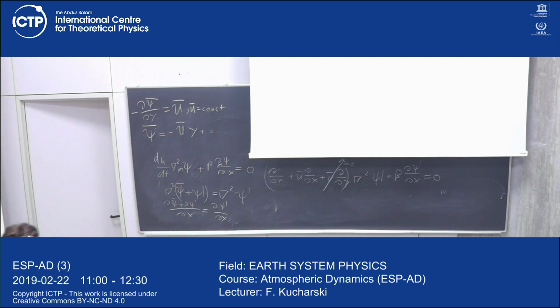So our linearized version of the vorticity equation now, where we allow a mean flow, looks like this. But we will see that the mean flow is really just like a Doppler shift in the end. It's like an additional velocity that we can have. There's not much more happening.